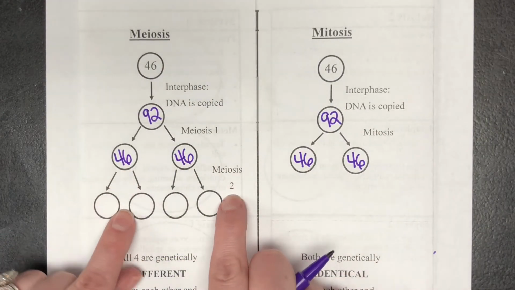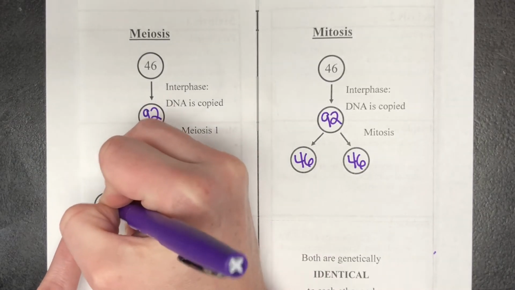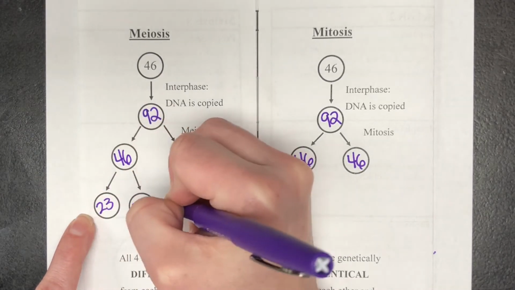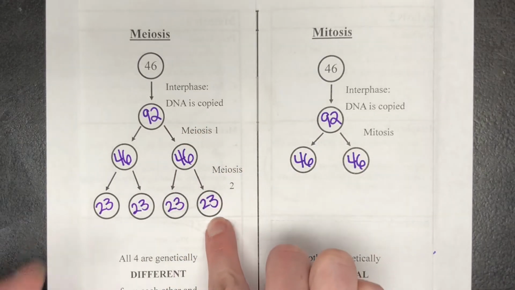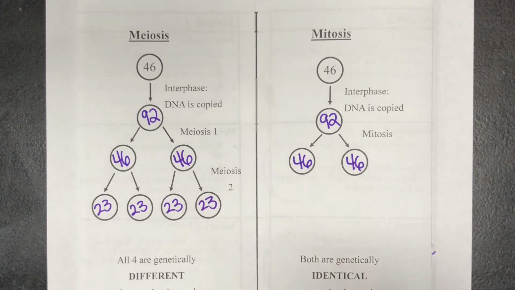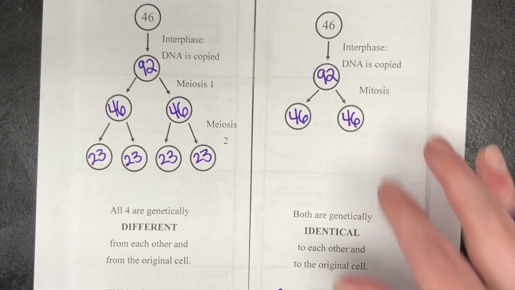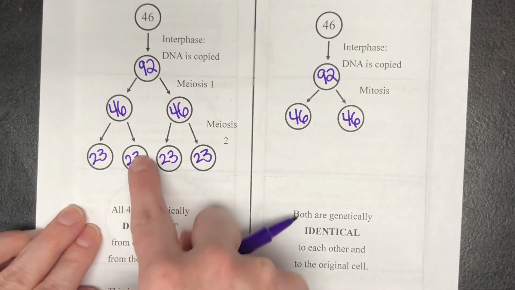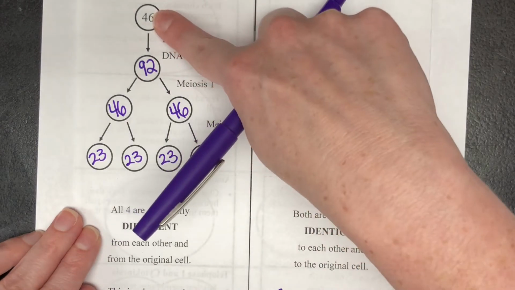And therefore, meiosis 2 occurs. These are split up again. We get 23 chromatids in each one of these 4 daughter cells. And these are genetically different from each other and from that original cell. So not one of these is the same, and they are not the same as that original cell.